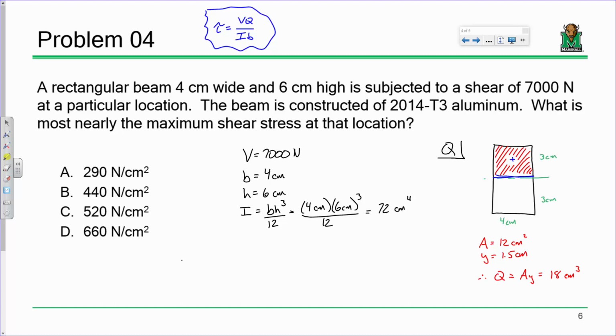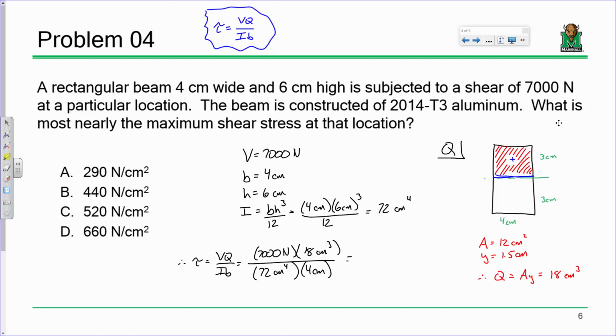So therefore, tau is VQ over IB, which is 7,000 times 18 cubic centimeters, over 72 centimeters to the fourth, and 4 centimeters.